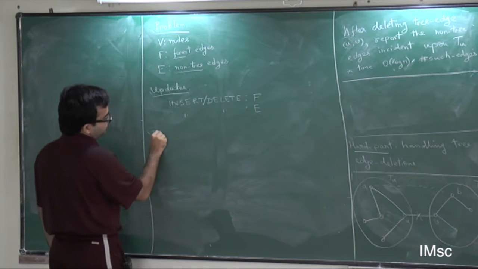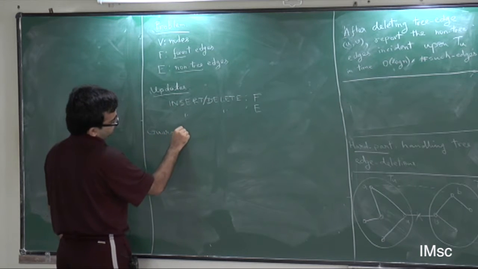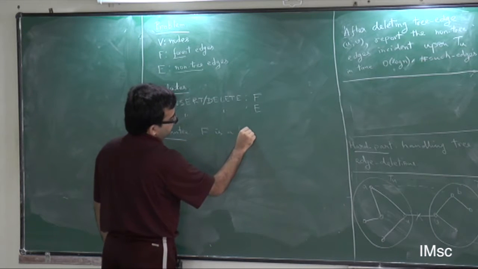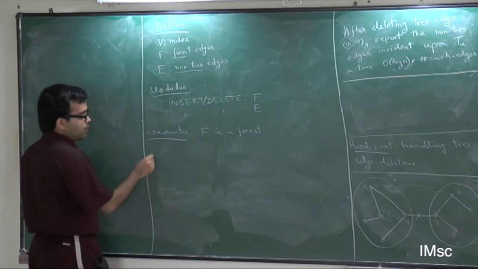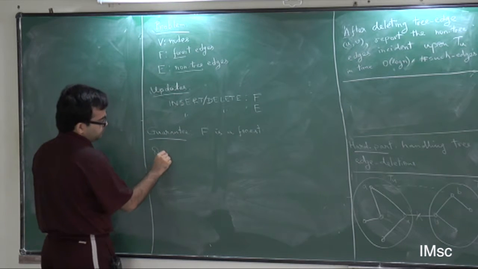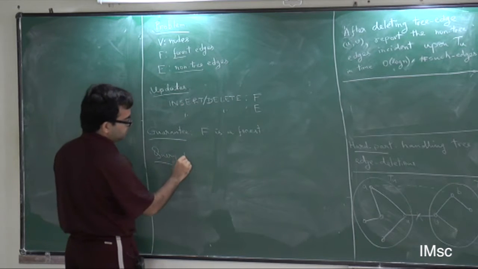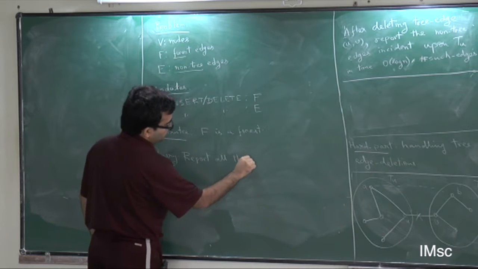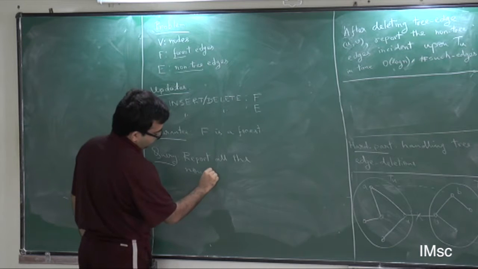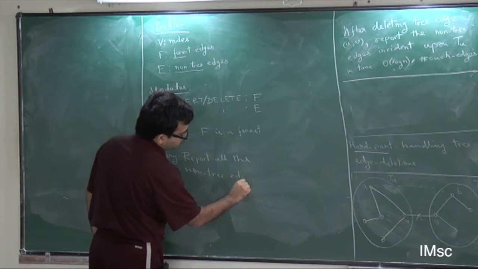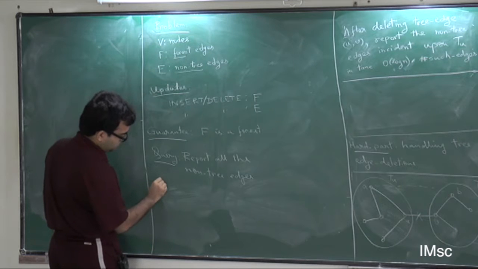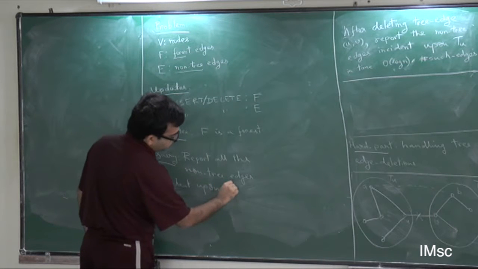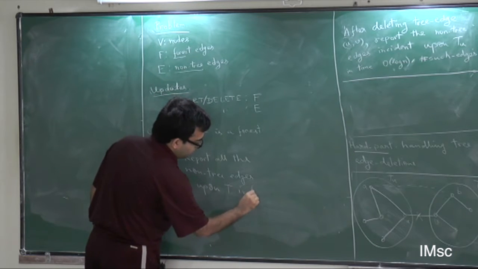The guarantee that is given to you is F is a forest always, and the query is: report all the non-tree edges incident upon a given tree in this forest.